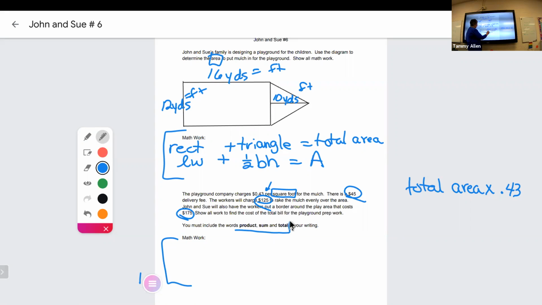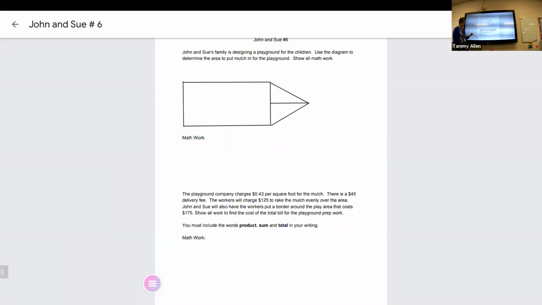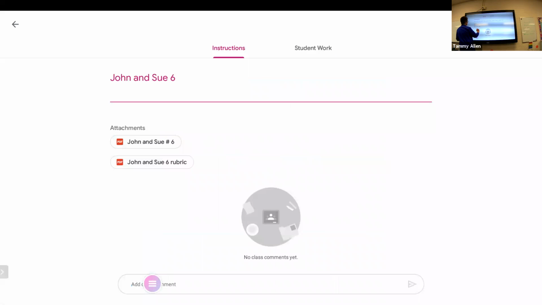You will include these words. Circle your words. Circle them. Okay? That make sense? Do I need to say any more about the math writing? Questions? Let's take a look at the rubric and see if there's anything on it that needs to be stated.